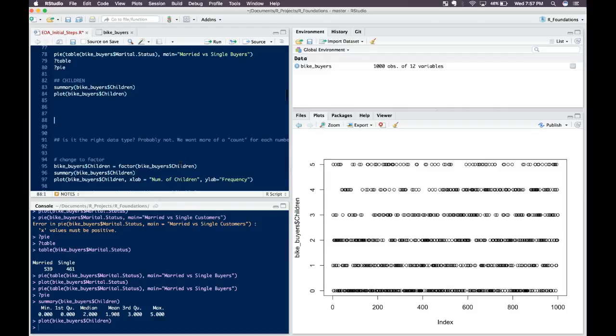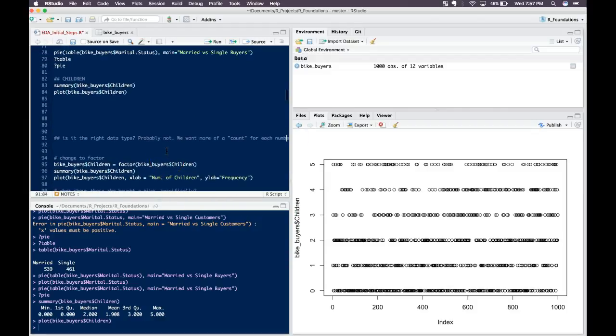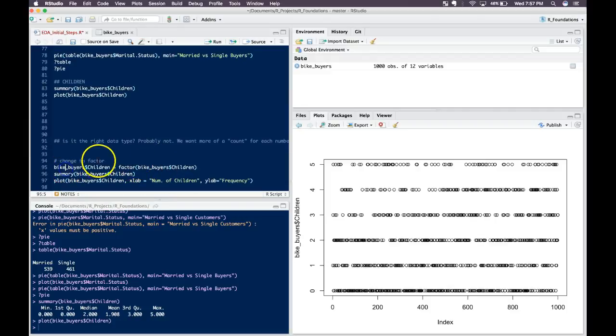So if that's the case, then we want it as a factor, right? Because factors are categories. A simple way to change that to a factor is to write it like a variable. So just write it here, bike buyers, then you access the children here.